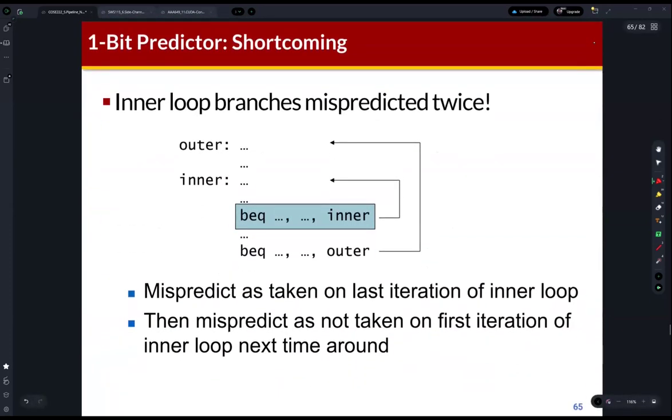So let's learn about the 1-bit predictor. The 1-bit predictor means that in order to predict the result of a branch instruction, it just uses 1 bit. What does that mean?